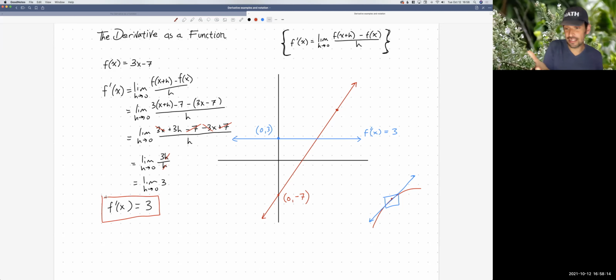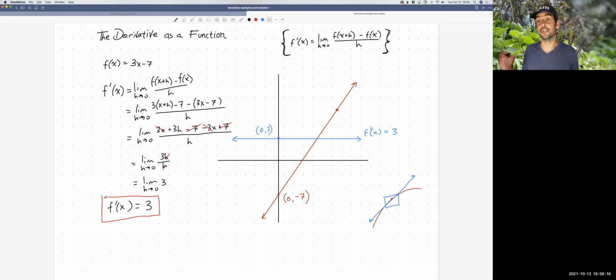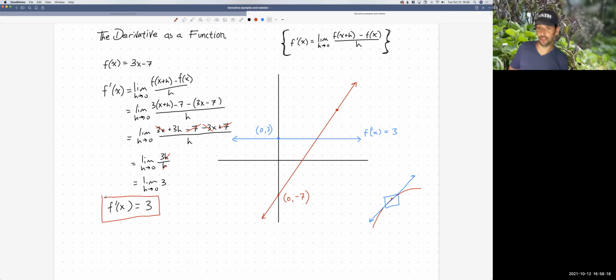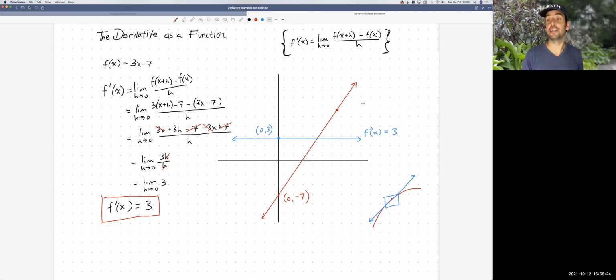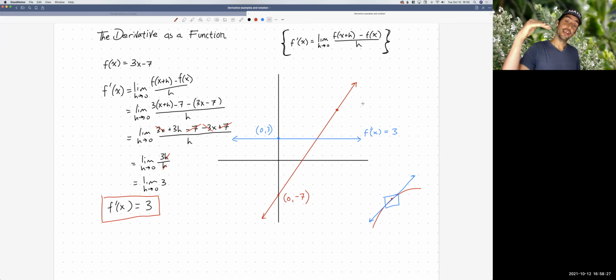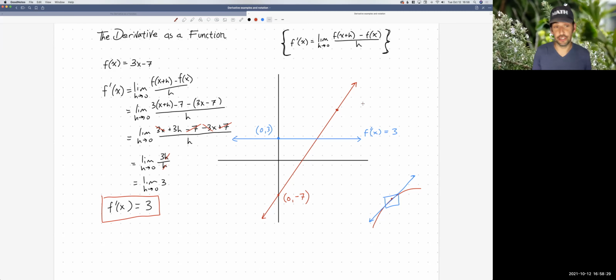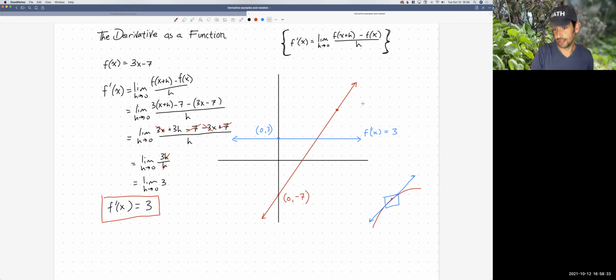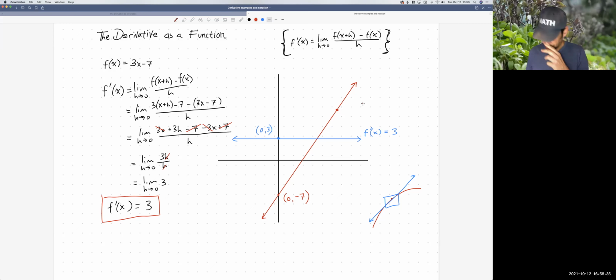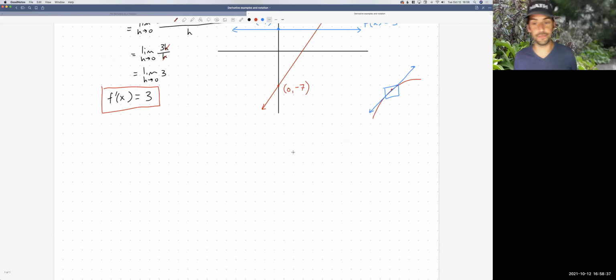And so the tangent line slope function, which also tells us the value of the rate of change, is also constant. It's only spitting out 3. So the slope of that red line is constant, which means the derivative function is constant itself. Okay, so there's a pretty straightforward example.